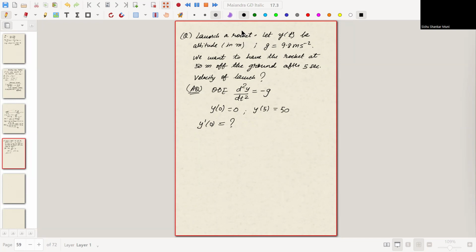After you solve it analytically, try to solve it analytically. Homework. You will get y prime of 0 as 34.5. Check it again.